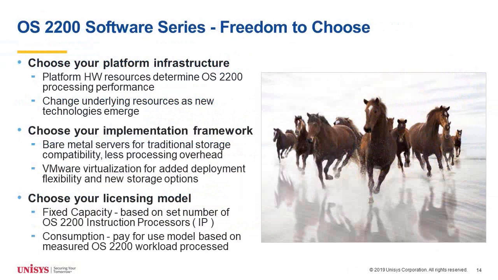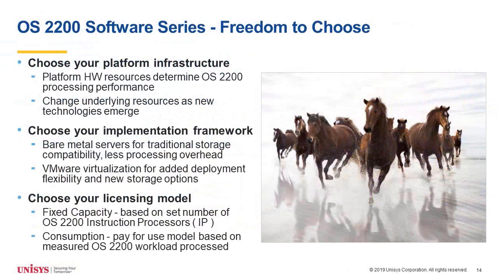We'll talk about bare metal configurations and how those can address traditional storage with a little less processing overhead. And we'll talk about how the OS 2200 software series products work within a VMware virtualized environment for new storage options and additional flexibility and deployment capabilities.